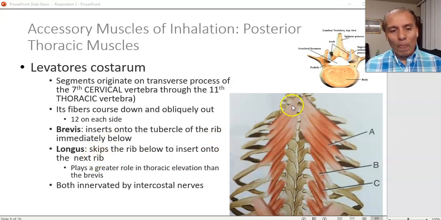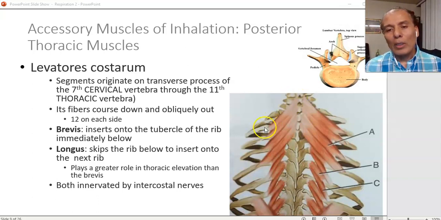The brevis inserts onto the tubercle of the rib that is immediately below the vertebra. So the first segment goes down to the first rib. And then the longus is going to originate on the same spot, the 7th cervical vertebra. I'm speaking about the first part of it.